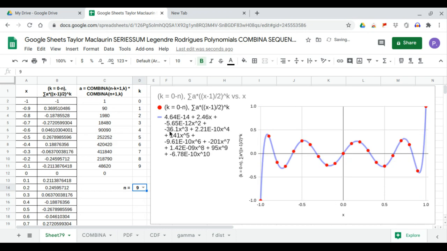N equals 9, y equals 2.46x minus 36.1x cubed plus 141x to the fifth minus 201x to the seventh plus 95 times x to the ninth, and that's it. The rest are 0.